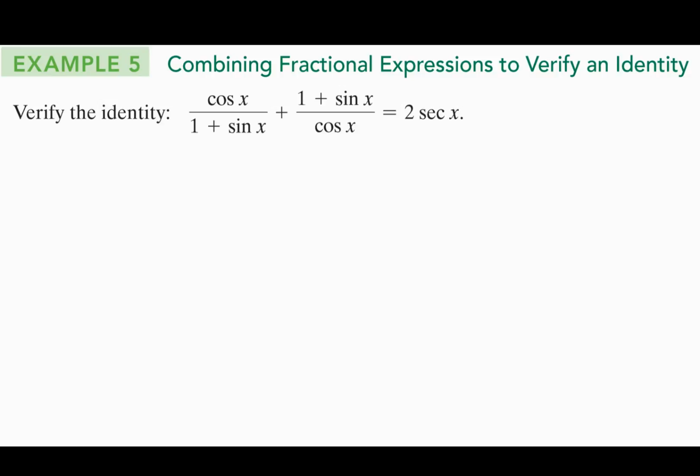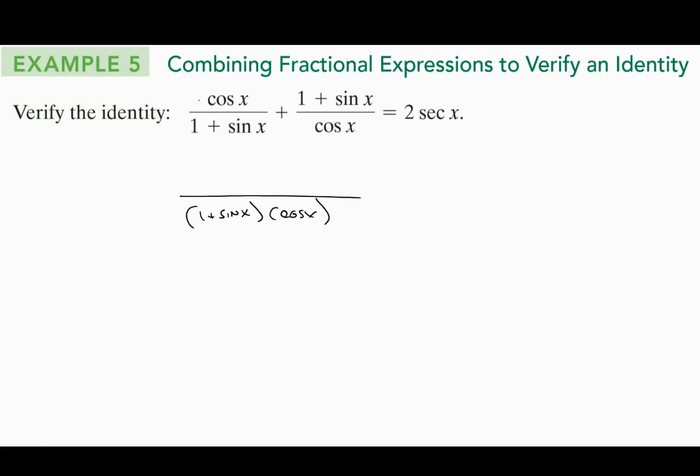And the way you combine two fractions is to find the least common denominator. Well, these two denominators have nothing in common. So the least common denominator is just the two denominators multiplied together. Okay, so I just multiply the denominators together.